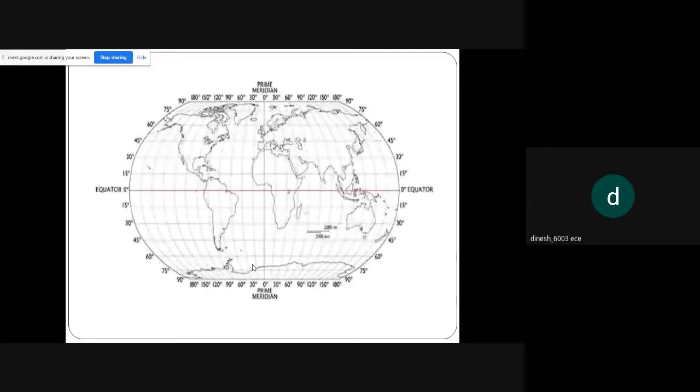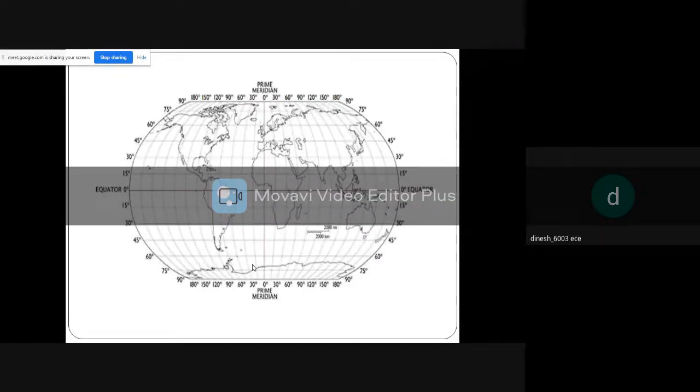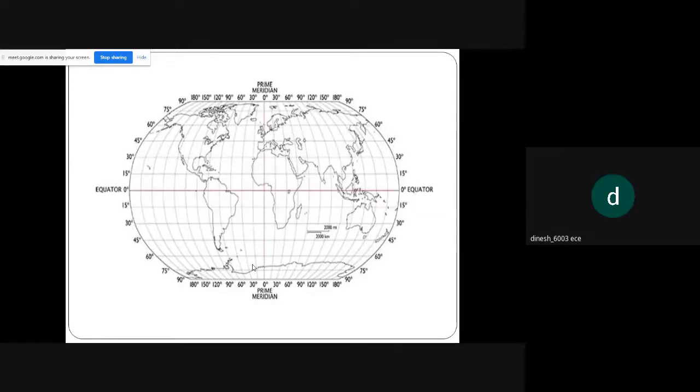I can show you latitude and longitude on the globe. The earth is divided into grid-like surface structures by imaginary lines of latitude and longitude for determining positioning.